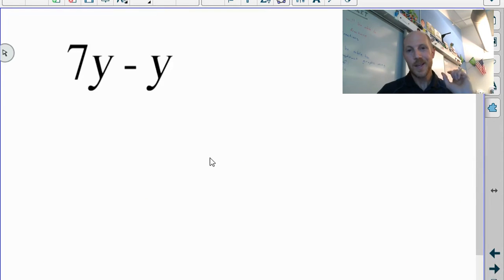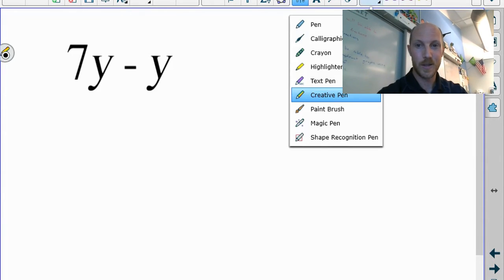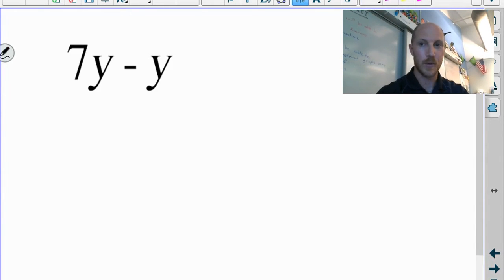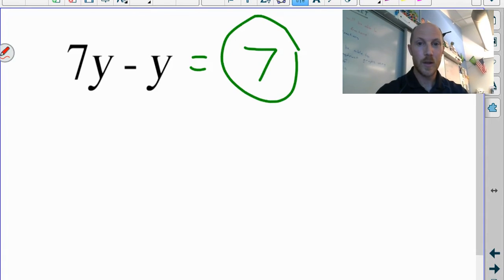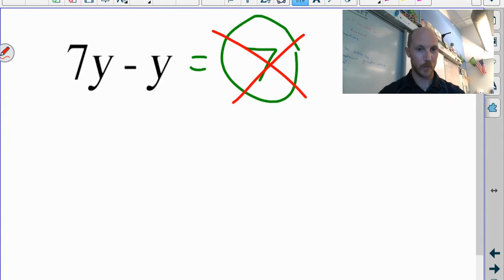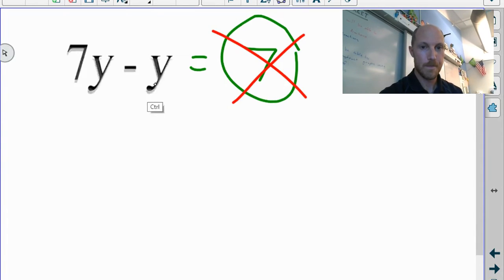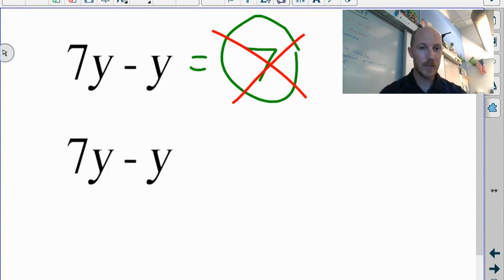Okay, so similarly, here's a problem where a lot of times people will say, oh, there's 7y, take away the y. Well, that means I'll just take the y off of there, and so I have 7 now, right? Totally makes sense. Also, not the way this works. What this expression means is I had 7 y's to start with.